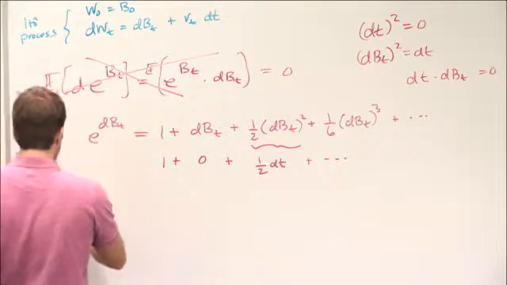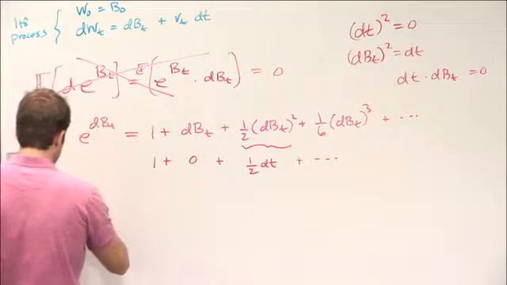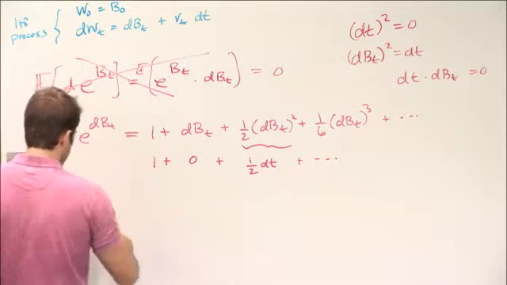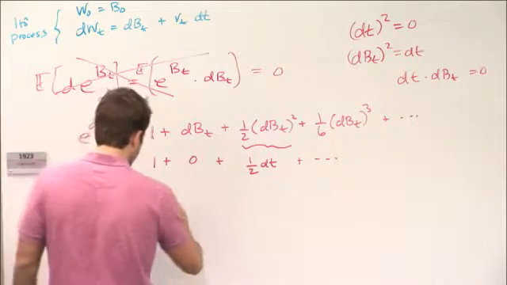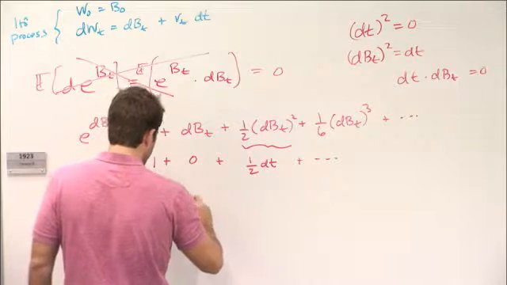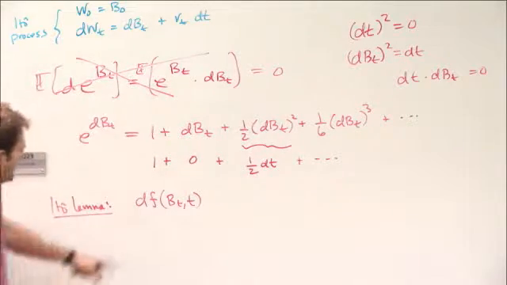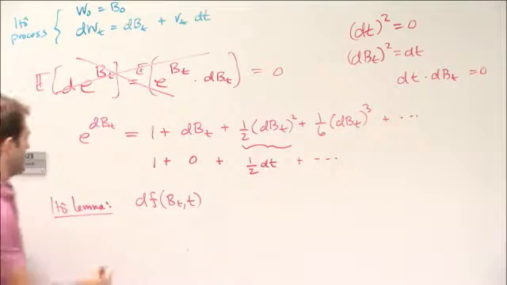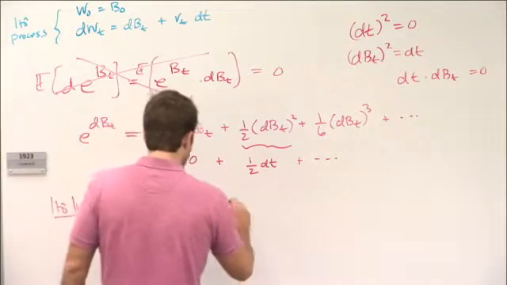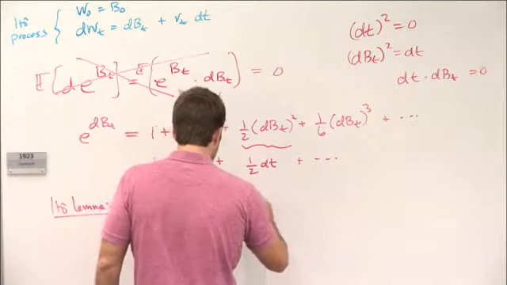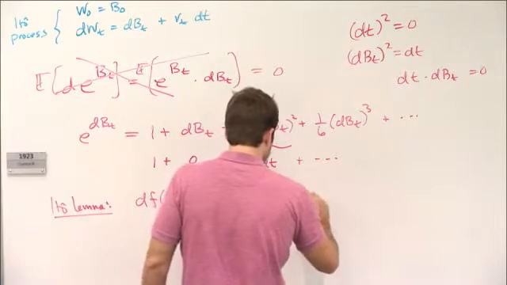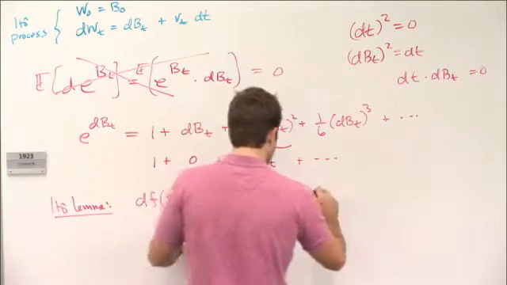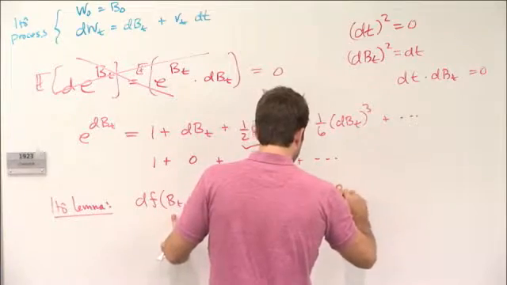So let me just tell you, for instance, the Ito lemma, which is that if I want to compute the derivative of a function of Brownian motion, and also of time, then normally I would compute the derivative of f with respect to time, and then also the derivative with respect to the first variable, dbt.